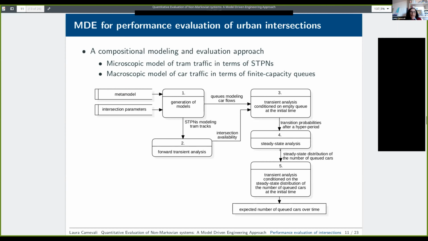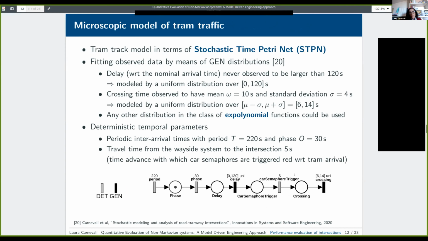This combination of transient and steady state analysis enables the evaluation of the expected number of queued cars over time intervals of arbitrary duration, because we can start transient analysis from the steady state distribution that we have reached using the previous parameters of the considered intersection.